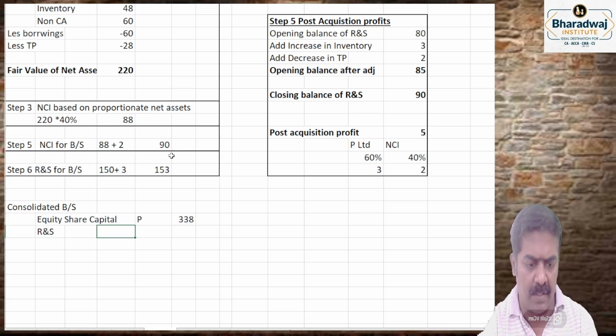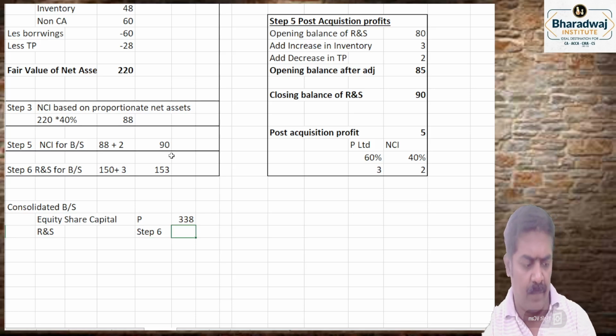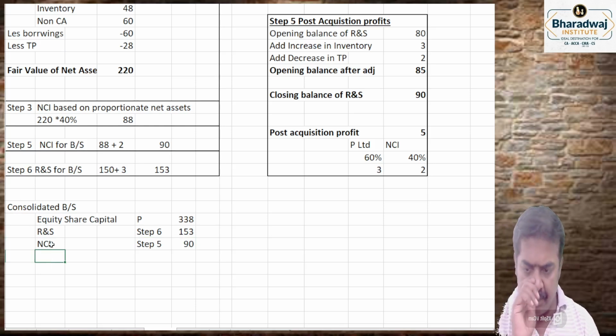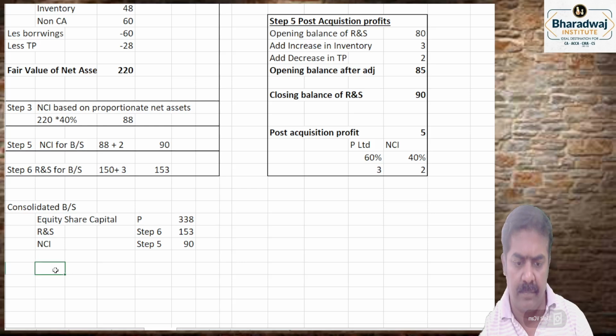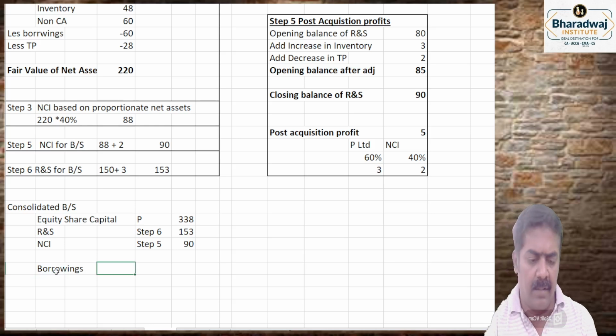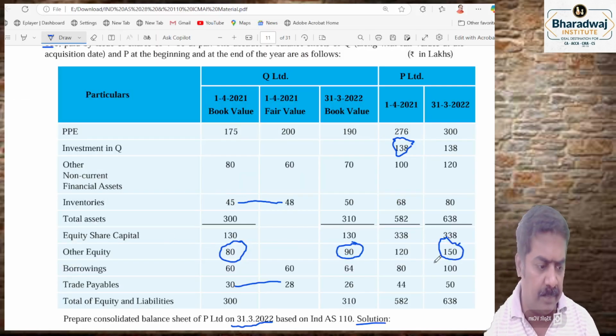Reserves and surplus of P, that is step 6, 153 will come. Then NCI will come, step 5. NCI how much? 90. All these things will come under shareholders' funds. Then non-current liability, long-term borrowings. Long-term borrowings, how much will come?